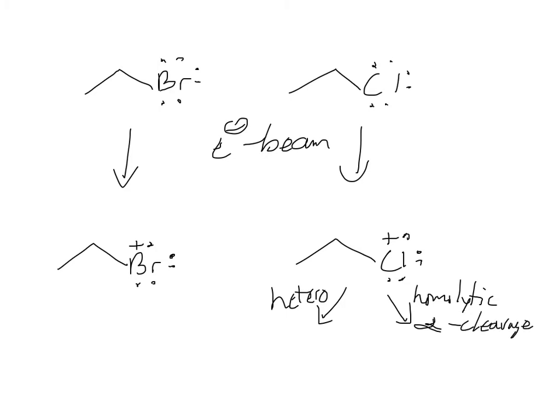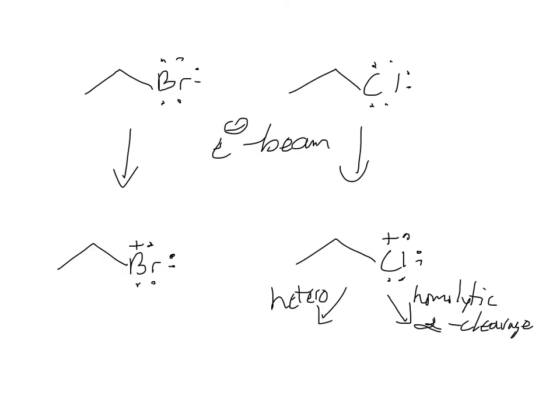But because bromine's so big and its bond to carbon is not very strong at all, it'll never do the alpha cleavage. Remember, in the alpha cleavage, you keep this carbon-chlorine bond, and a carbon-chlorine bond's stronger than a carbon-bromine bond.